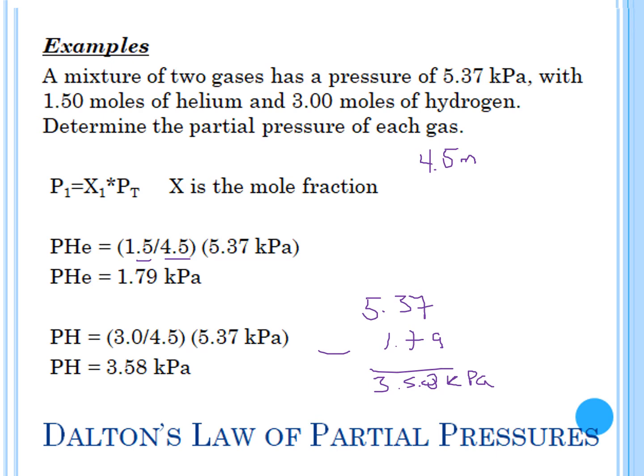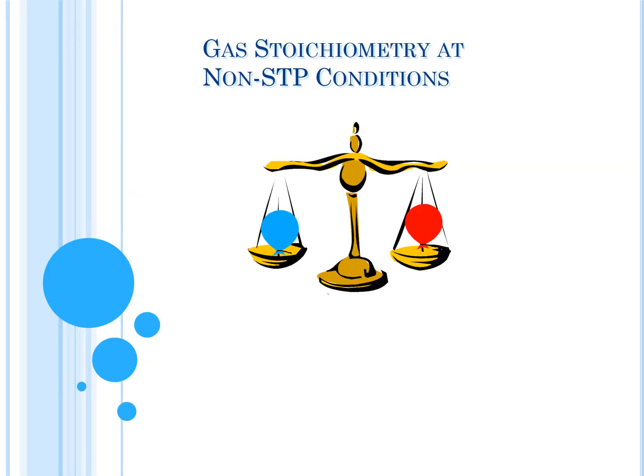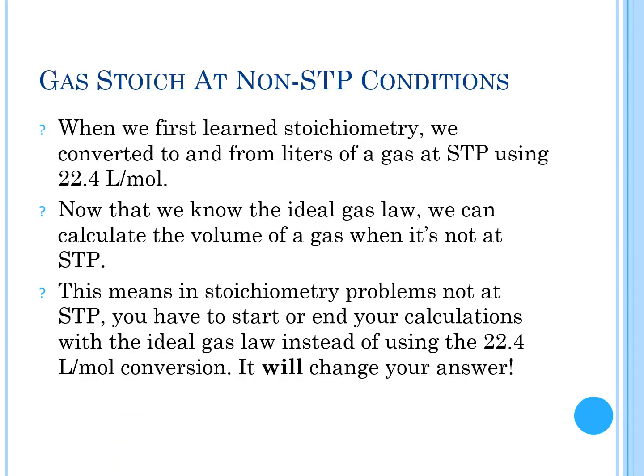Okay, and our final topic today is gas stoichiometry at non-STP conditions. So back in Unit 8, we did stoichiometry. We looked at volume of a gas, but we specifically looked at STP, 22.4 liters per mole.